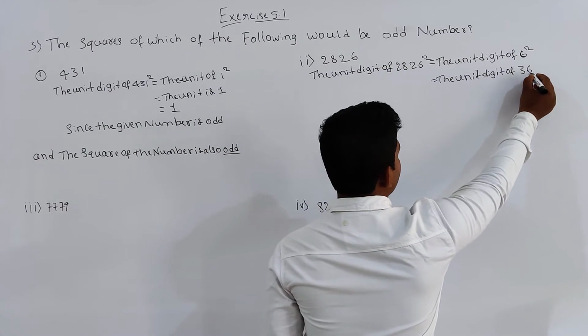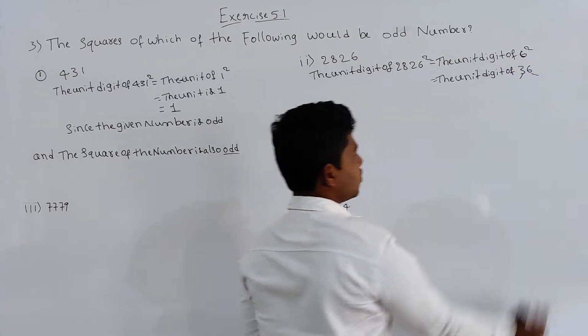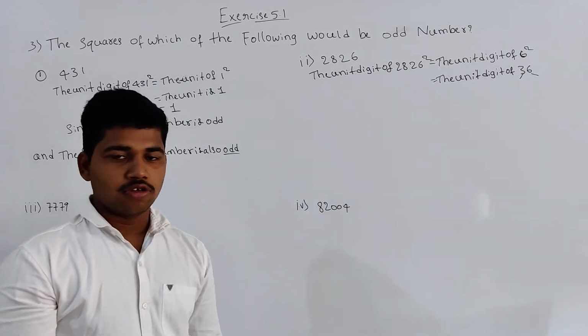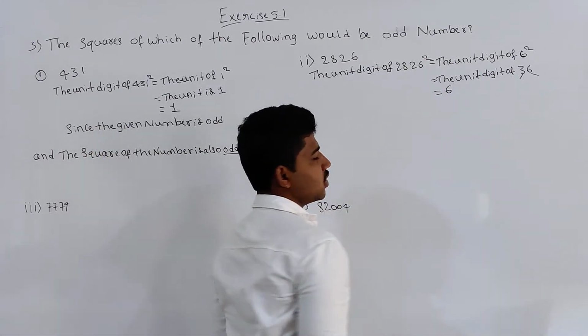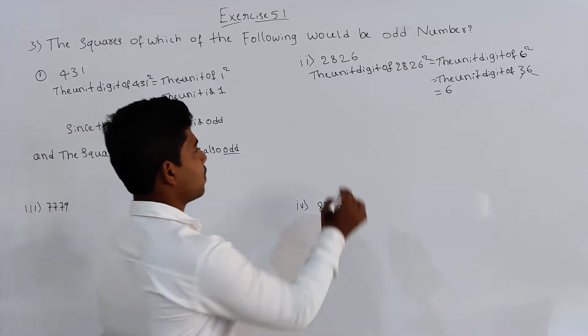In the unit place you have 6, in the ten's place you have 3. You should look at the unit place, so you will get the answer 6. 6 is an even number.